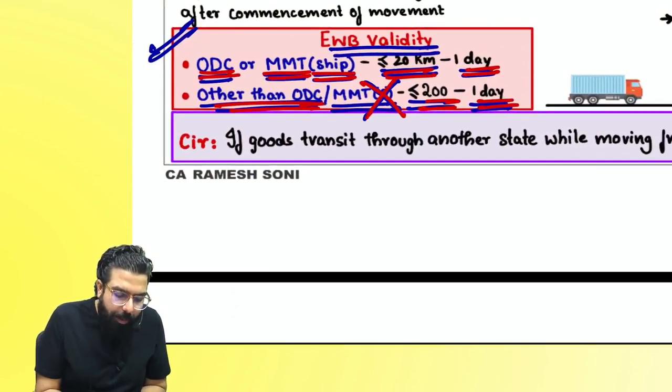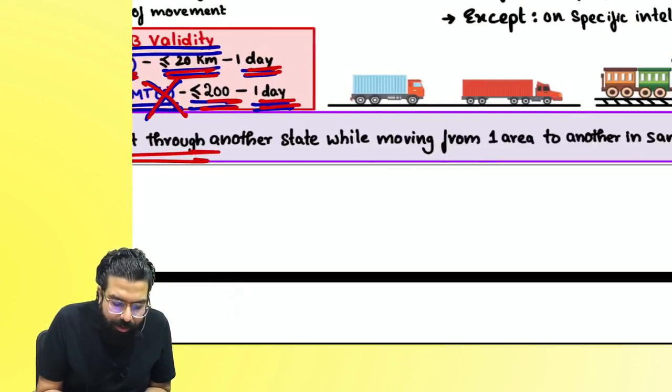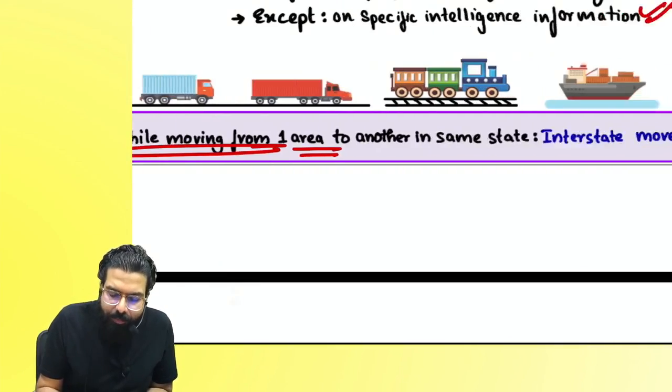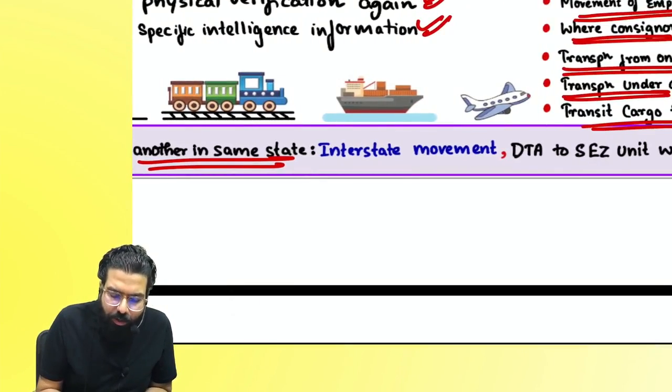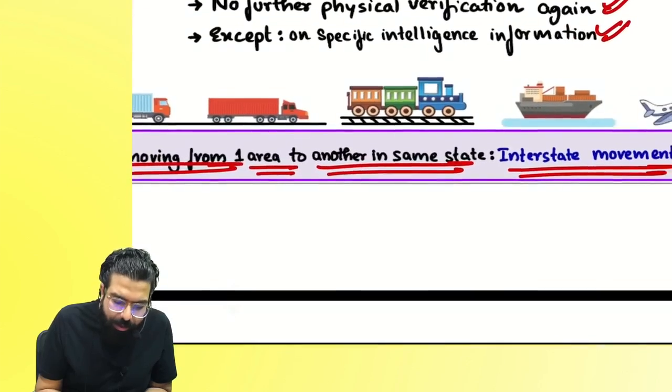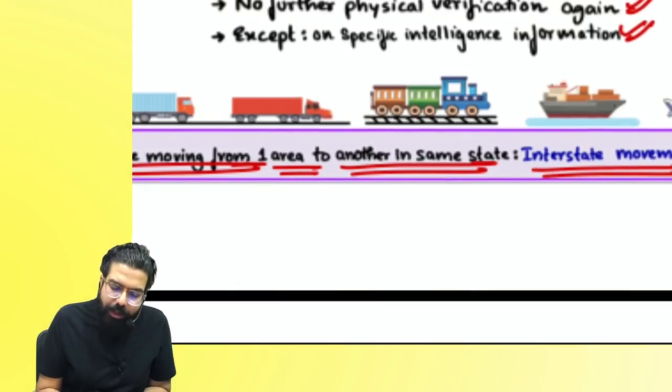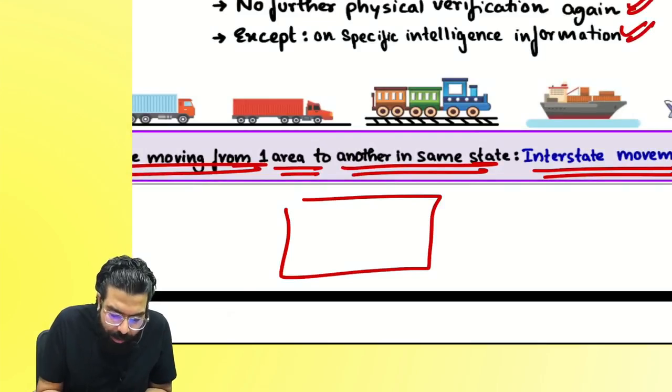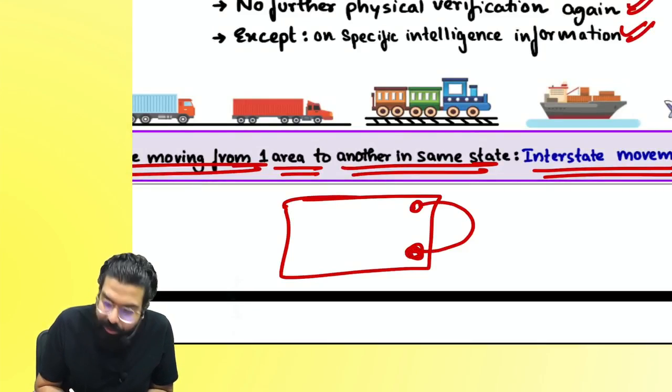Now, always remember one thing: if goods transit to another state while moving from one area to another area in the same state, then it is always interstate movement. For example, goods are moving within the state of Karnataka from this area to this area, but passing through another state.